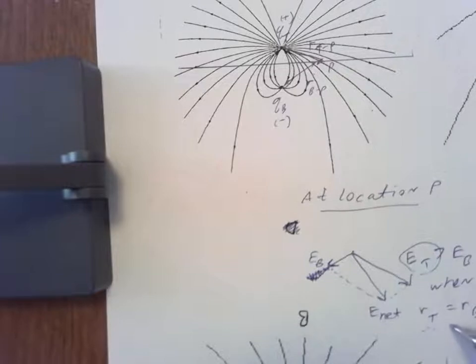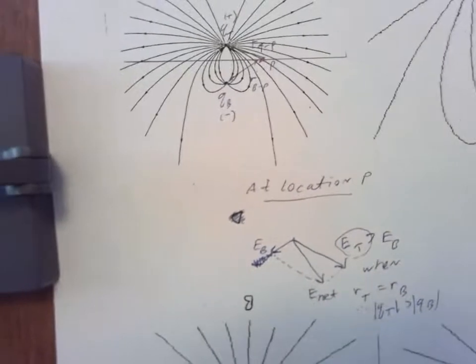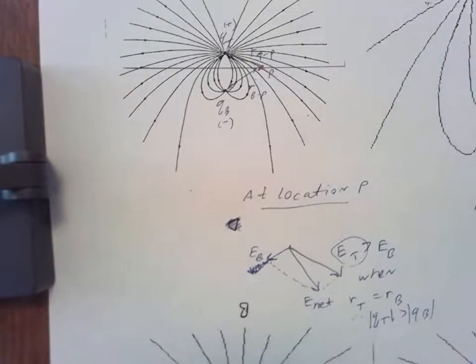Therefore, Q of the top charge must be greater than Q of the bottom charge, which is the same conclusion we had from just looking at the density of the field lines.